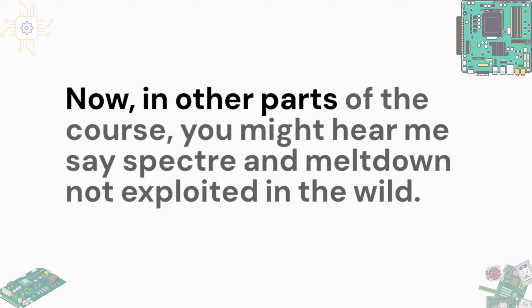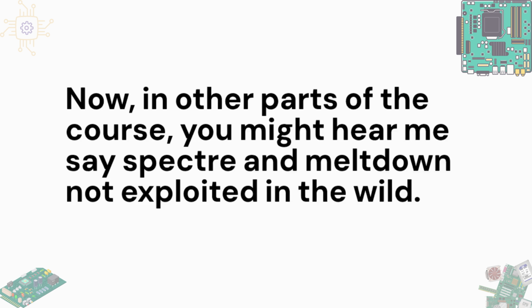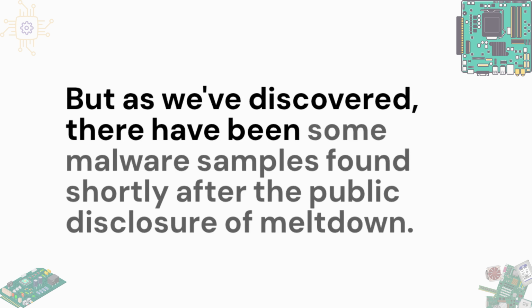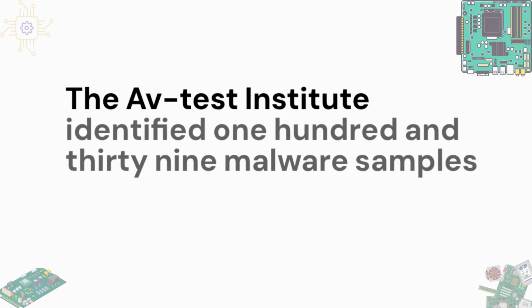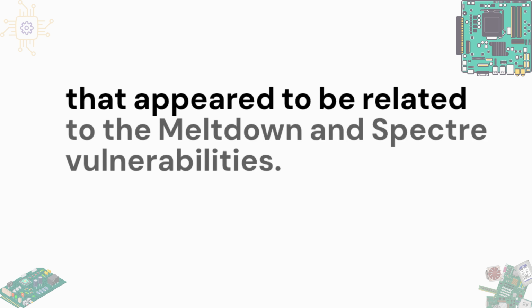Now, in other parts of the course, you might hear me say Spectre and Meltdown not exploited in the wild, but as we've discovered, there have been some malware samples found. Shortly after the public disclosure of Meltdown, the AV Test Institute identified 139 malware samples that appeared to be related to the Meltdown and Spectre vulnerabilities.